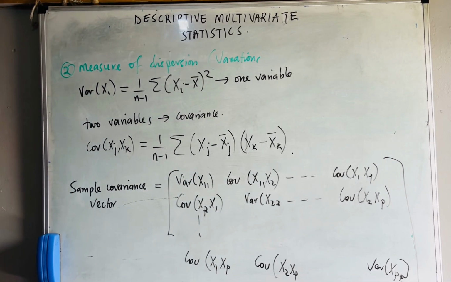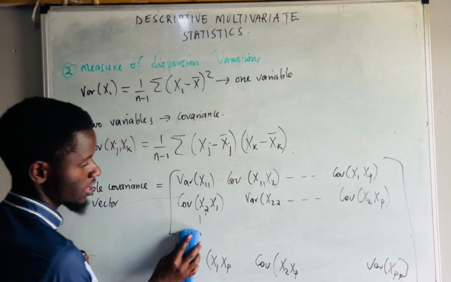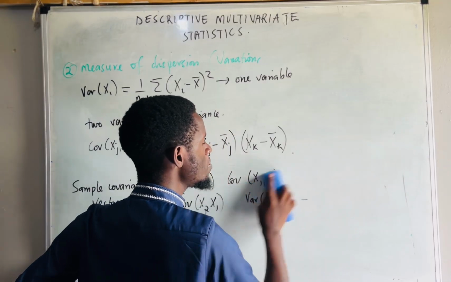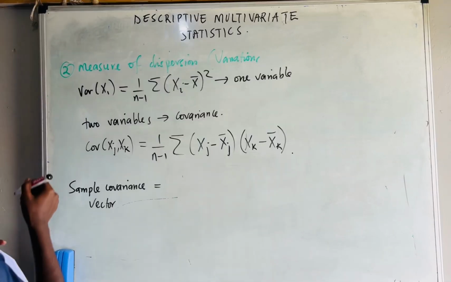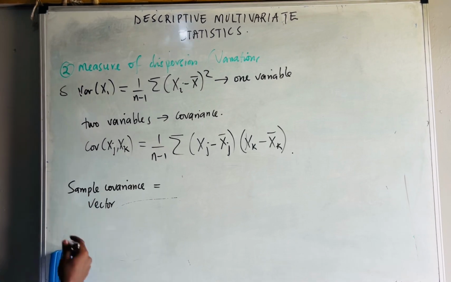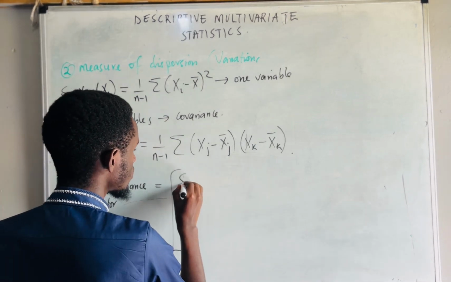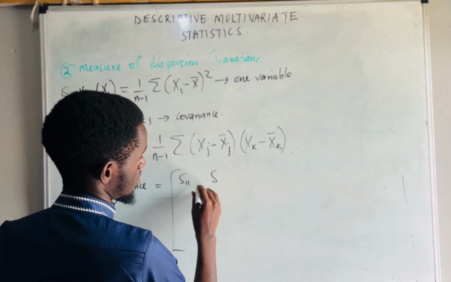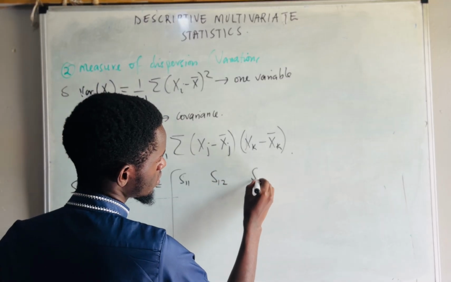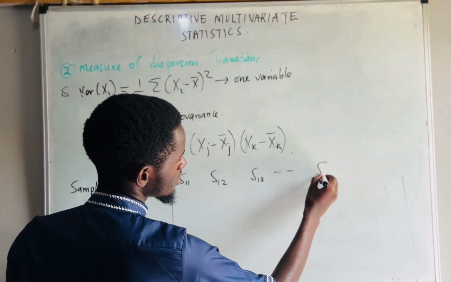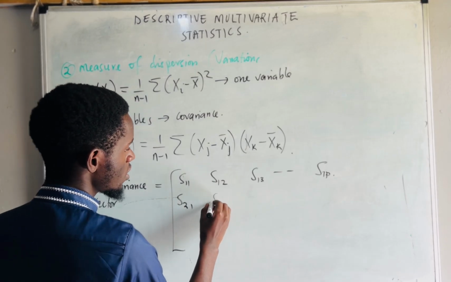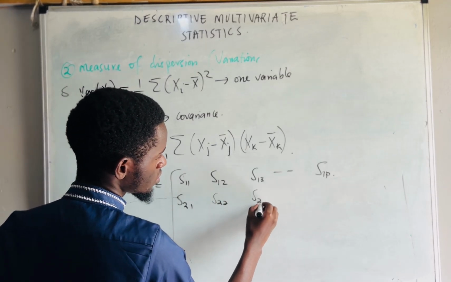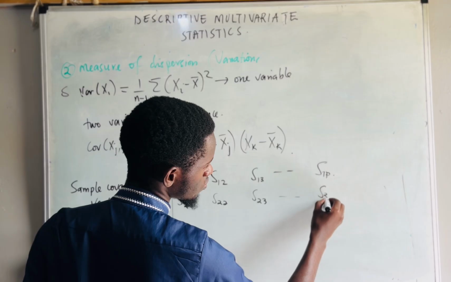And in a short form, I can write it like this. Remember, variance, its symbol is S. I write it as S like this. Then you shall have S11, S12, S13, up to S1p. Then you shall have S21, S22, S23, up to when you have S2p.